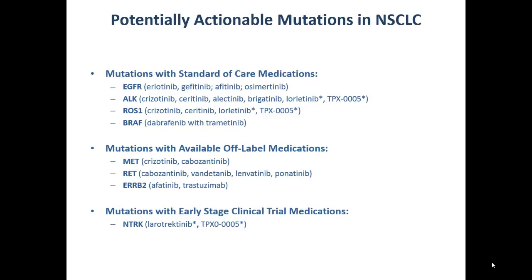For example, Afatinib is approved for EGFR mutation, Trastuzumab is approved for breast cancer, Crizotinib is approved for ALK positive non-small cell lung cancer, and Cabozantinib is approved for thyroid carcinoma. And this is for BRAF inhibitors, which are approved not for non-small cell lung cancer but for melanoma.